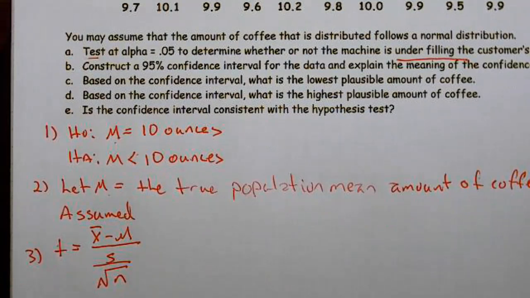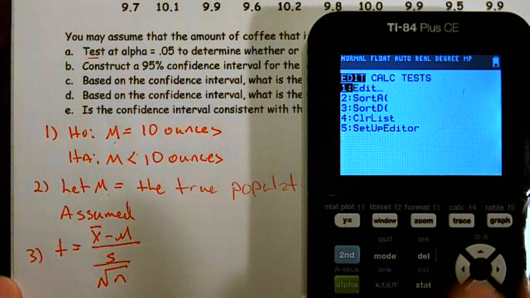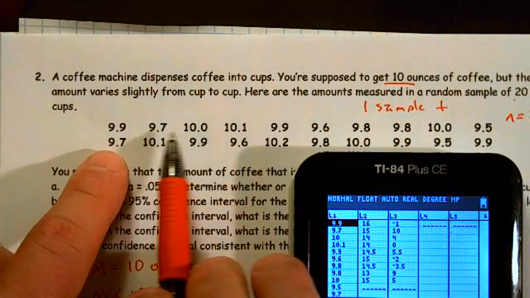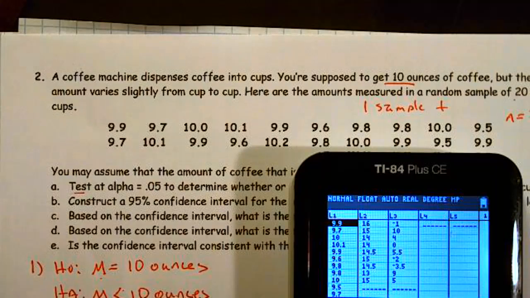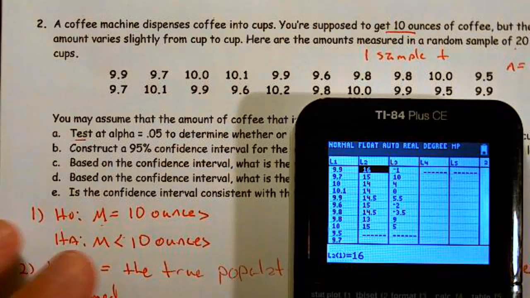The next thing that the recipe says is enter our data. Well, I've already done that, so I'm going to go to stat edit. And if you'll notice, I have all this data entered in L1. I want to remind you how to clear out columns. So I'm going to clear out these columns that I don't need, which are L2 and L3.